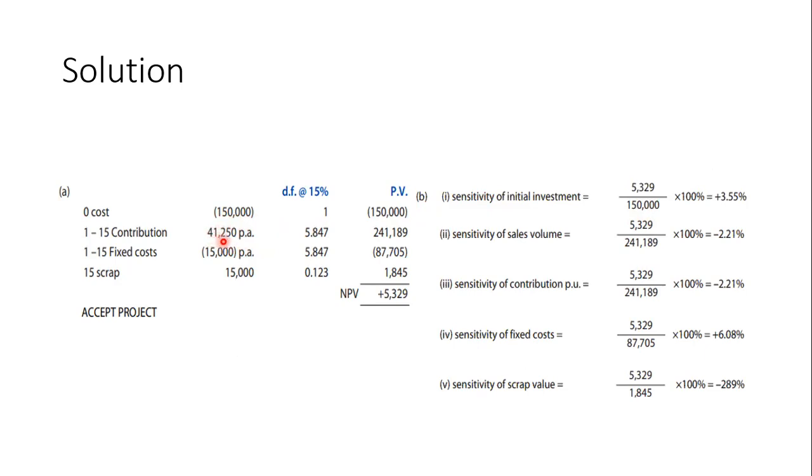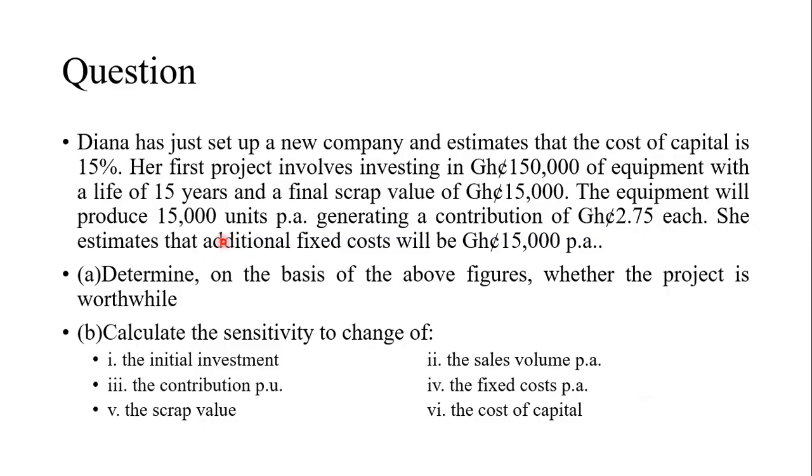And there's also a fixed cost. We are told she estimates that additional fixed cost will be 15,000. Now, let me explain this here. Remember, we said fixed cost in general is not relevant for investment appraisal. But if it is additional fixed cost or incremental fixed cost, you need to take that into consideration.